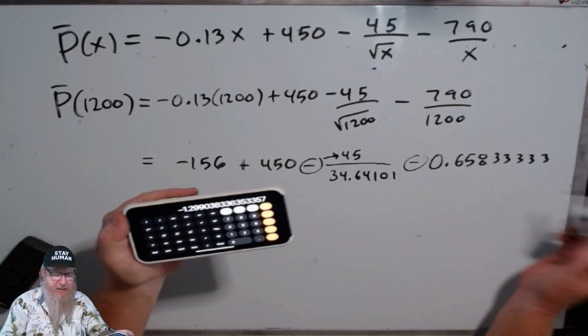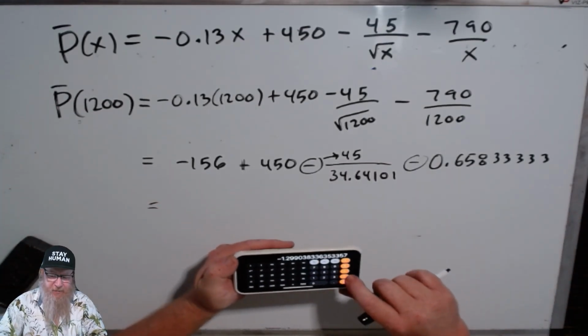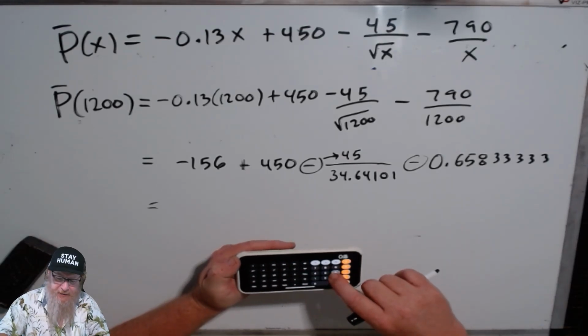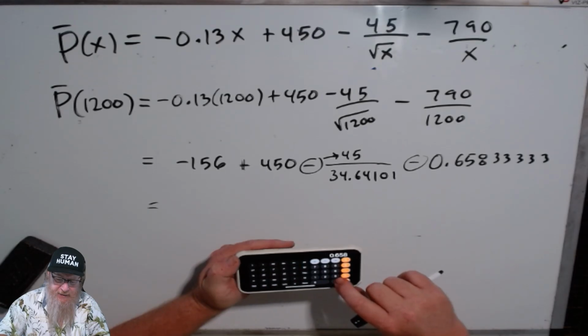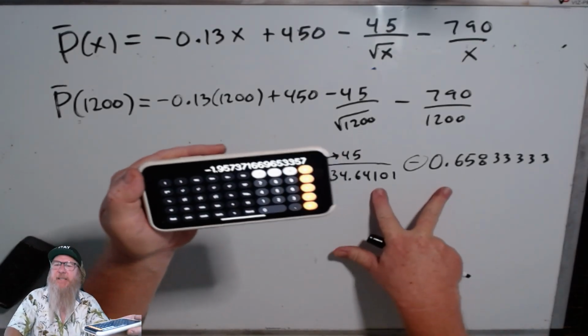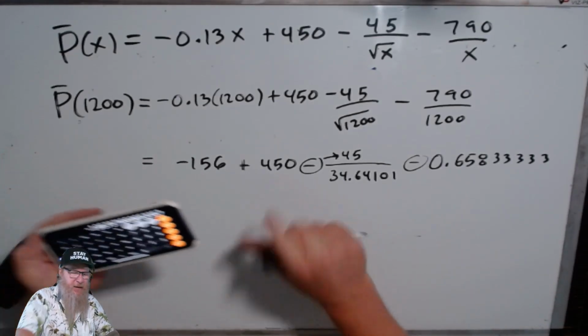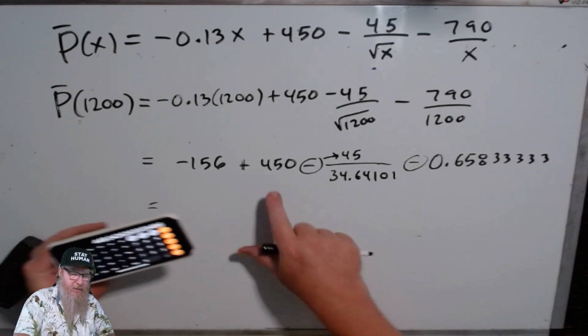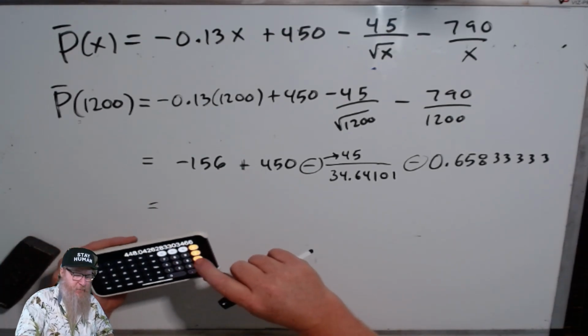Let's do this next, just get rid of these ugly decimals. Minus 0.65833333333. All right, so that's just these last two terms. Then I'm going to add 450. And then I'm going to subtract 156.